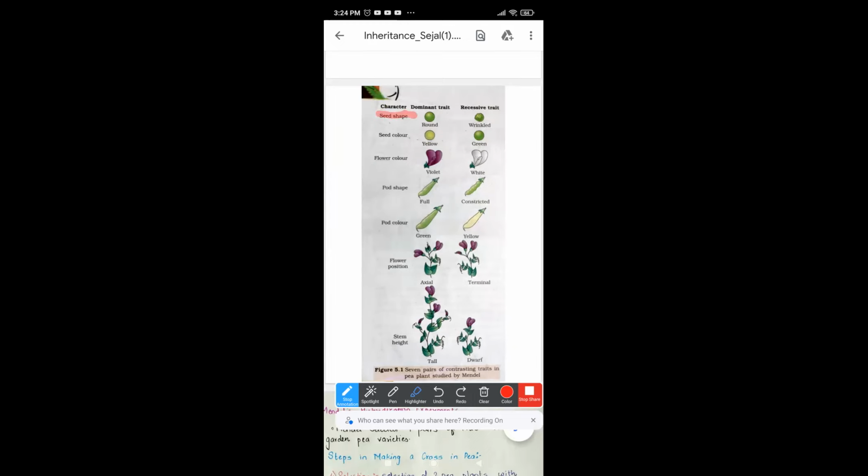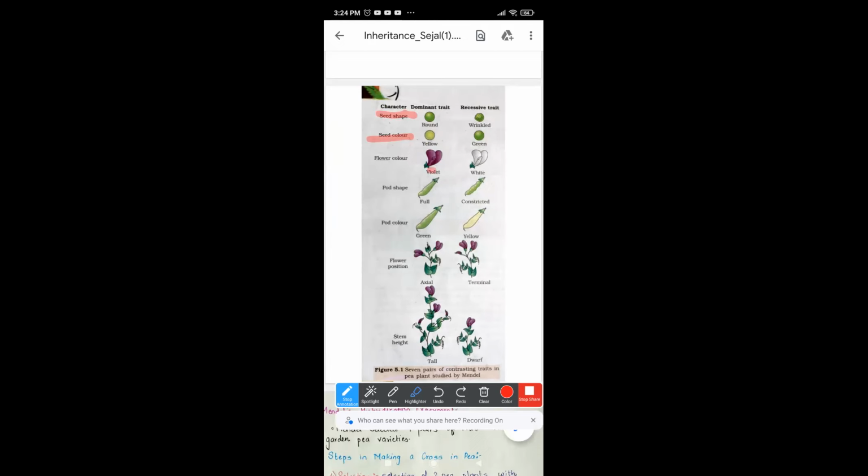Seed may be round or wrinkled. Seed color, yellow or green. Here, yellow is dominant and green is recessive in case of seed color, and round shape is dominant and wrinkled shape is recessive in case of seed shape.